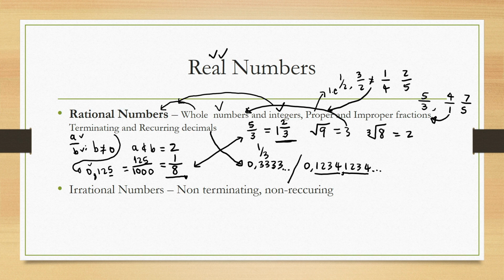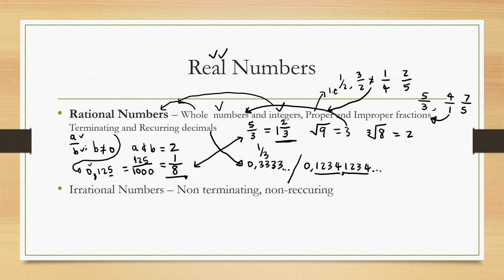Now it's important for me to say at this stage that these decimals cannot be represented in the form of a ratio between integers. I'm going to explain what this actually means. These numbers are basically square roots of numbers that are not perfect squares.